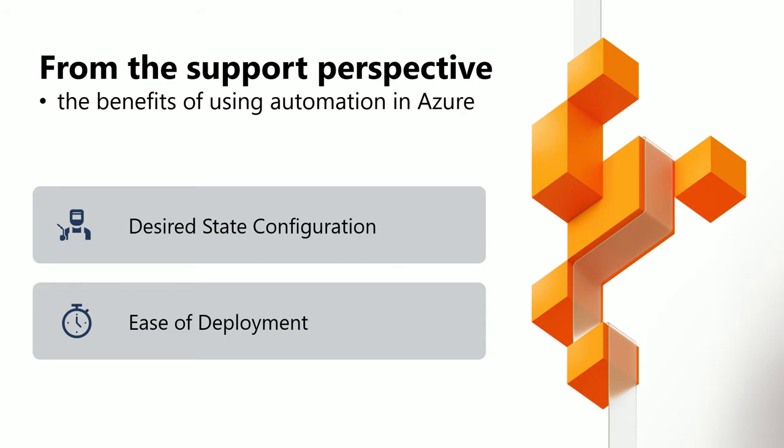Most of these automation tools like Ansible or Terraform make sure that your environment is reaching the desired state every time. So you define it in code, and this automation tool makes sure that your Azure environment is as defined in the code. And the next one is ease of deployments.